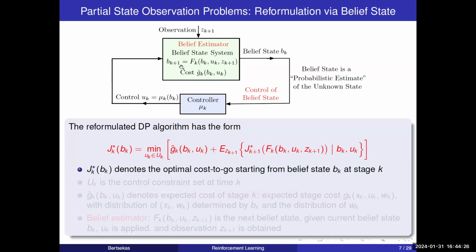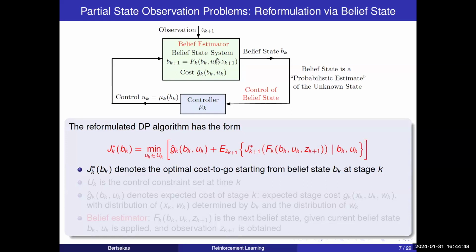The belief at time k+1 depends on the belief at time k, u_k, the control that you choose, and the observation that you get. All the probability distributions for this equation, the probability distribution of z_{k+1} and so on, are given.